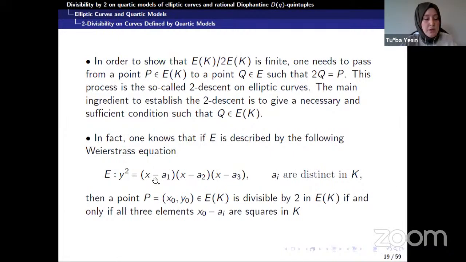If, when we evaluate these linear terms, all three are squares, then this point is a double point. This is the way to find the double points on the elliptic curve E.